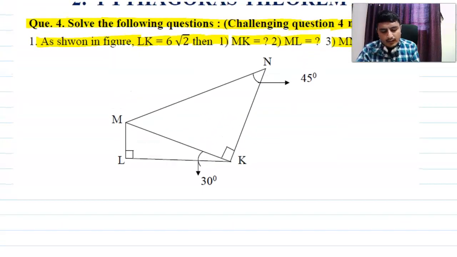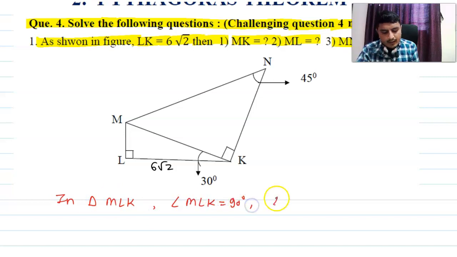We are given here LK equals 6 times root 2. So look at the triangle. We are writing in triangle MLK, we have angle MLK equals 90 degrees and the other angle MKL equals 30 degrees.